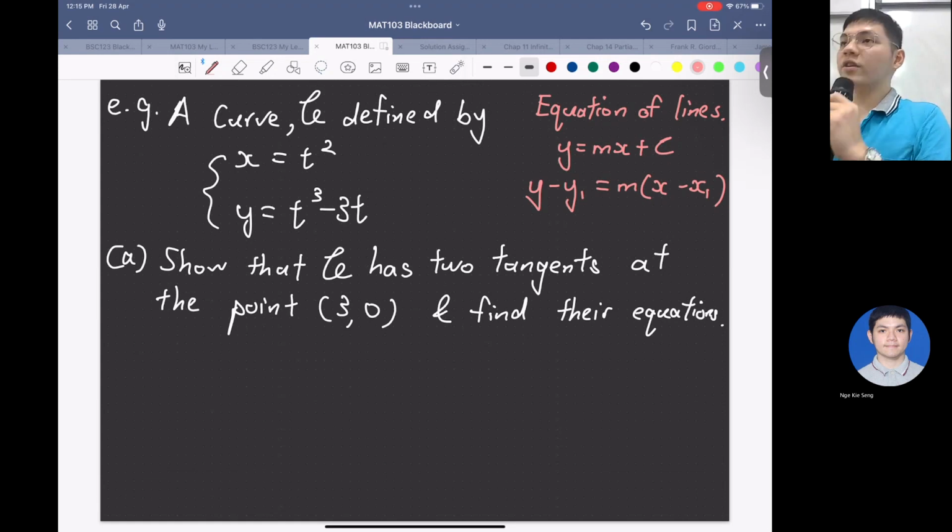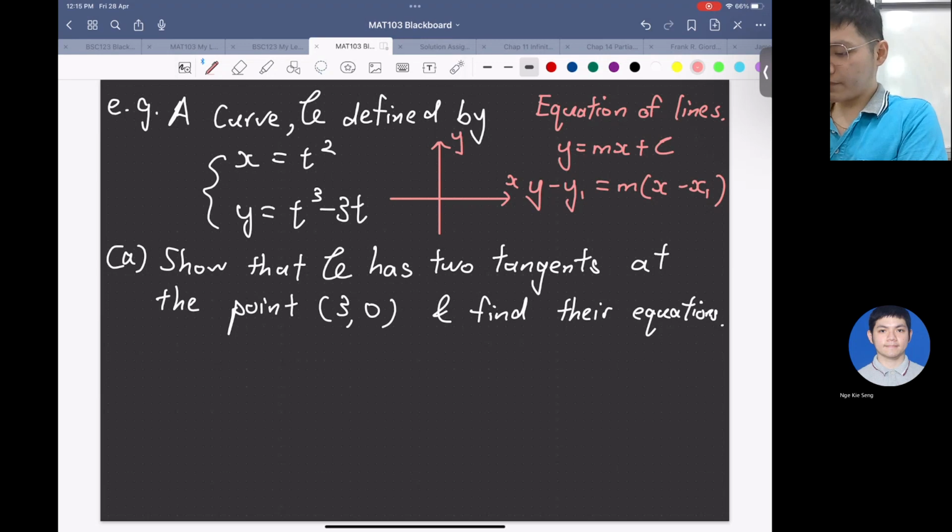When you solve this question, you should think about what you are doing first. So you have a curve running on the xy plane. At the moment, I don't know how it runs. Maybe I just draw a generic curve. Now we want to find at the point (3, 0).